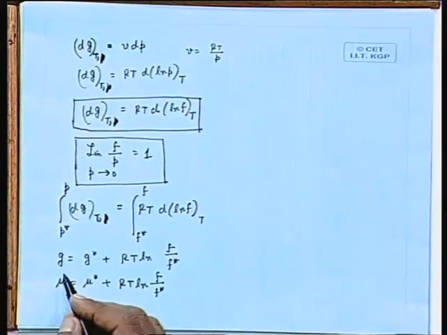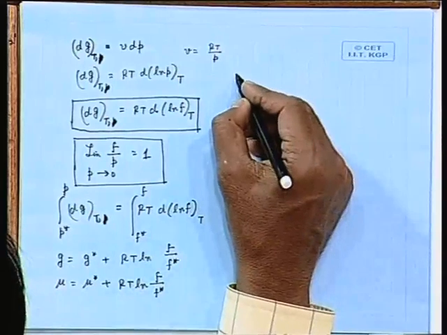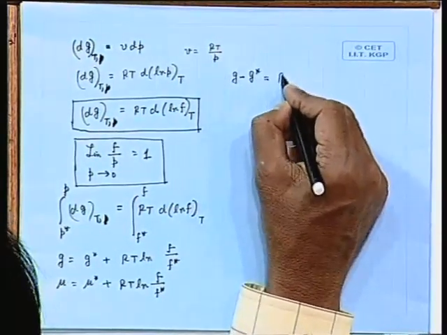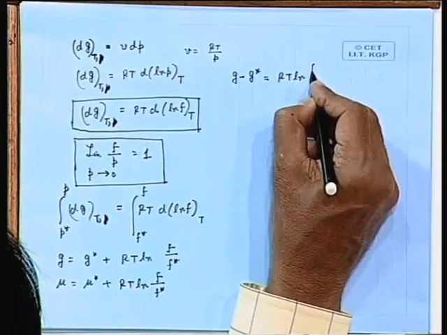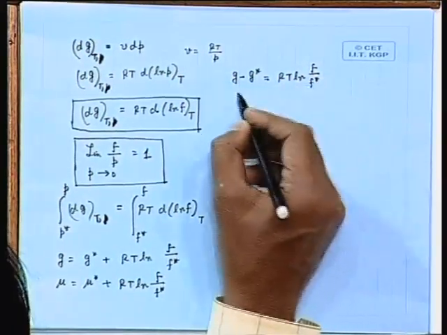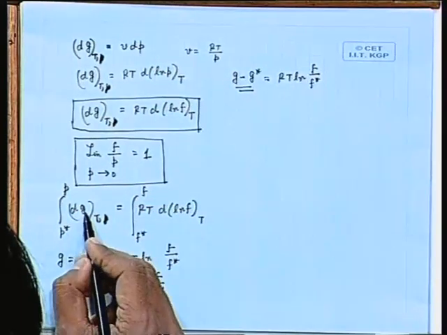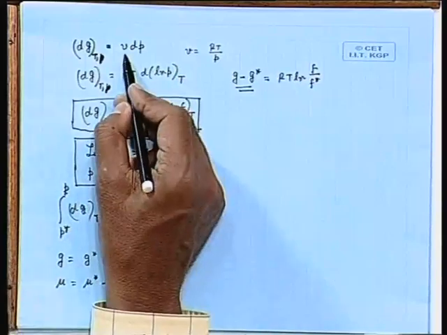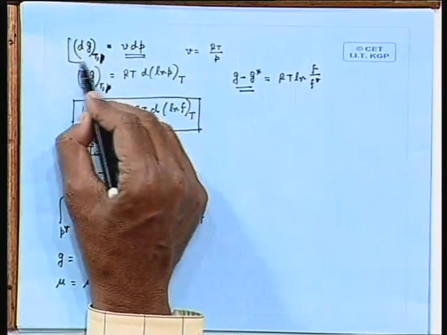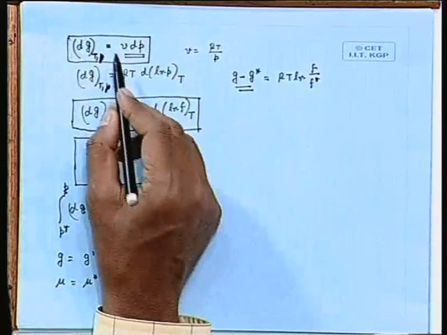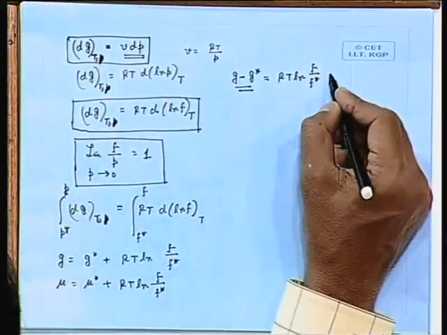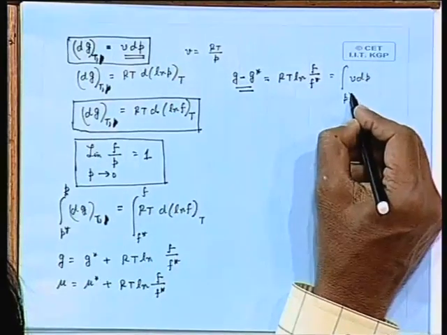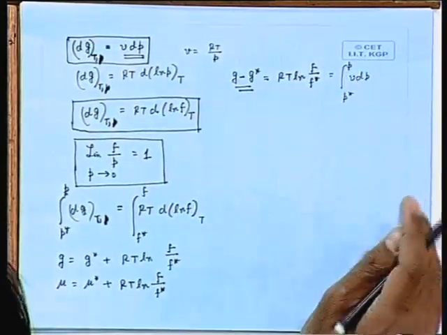Now, we will derive one important equation: g minus g star is RT ln f by f star. This g minus g star is the integration of dg at constant temperature from P star to P, which we can write as V dp, because this relationship is valid for any gas which may not be ideal. So, we can write this as the integral of V dp from the reference state P star to P.